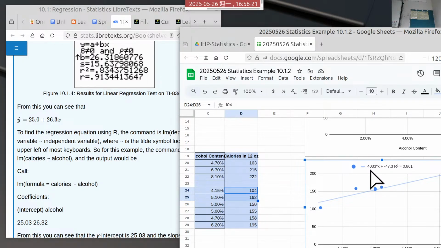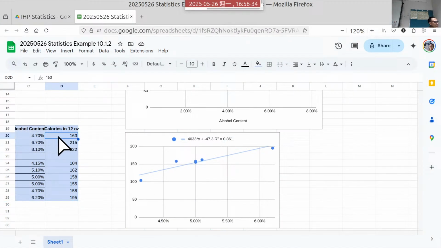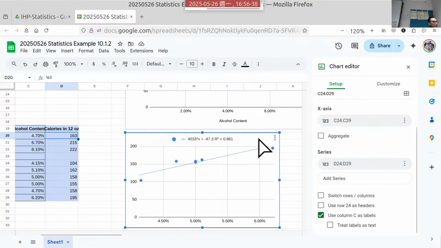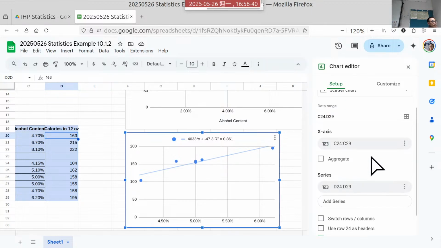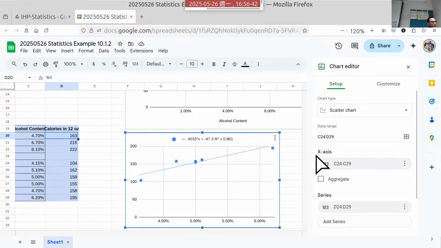Oh, actually, I have the x and y. I can switch x and y. Then we are getting a different answer. For example, let me show you here. X axis.